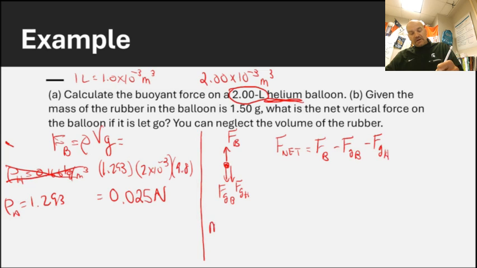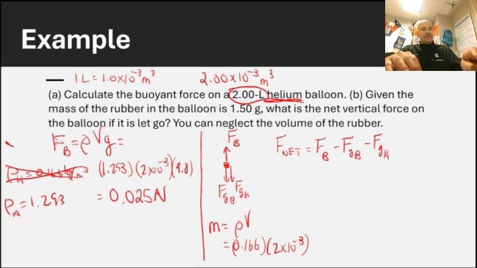So something we do need to figure out is how much helium is there, and this is where our 0.166 number will come in. So we do 0.166 times 2 times 10 to the negative 3. All right, and I'm getting conflicting densities here. I have one written down. So again, we'll do an on the fly check. Density of helium, so 0.166, okay.